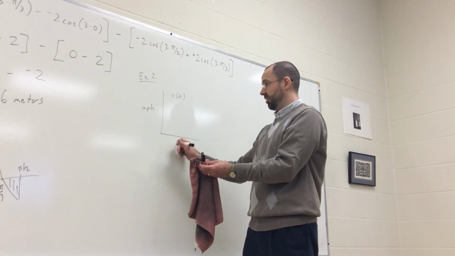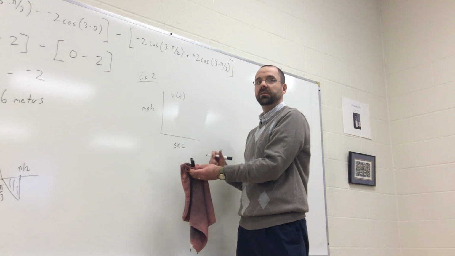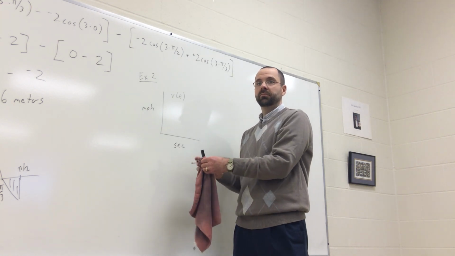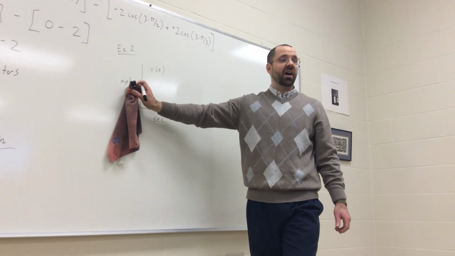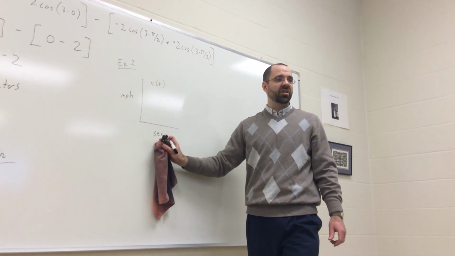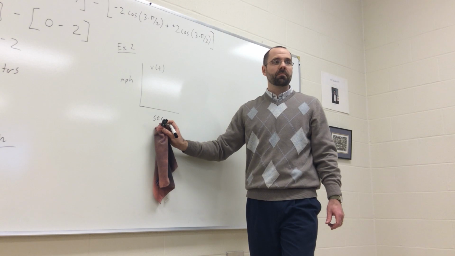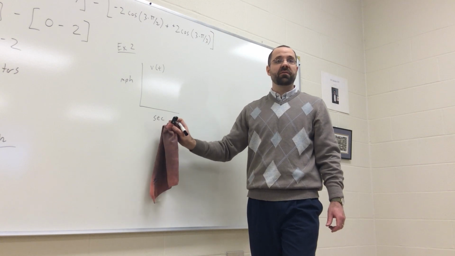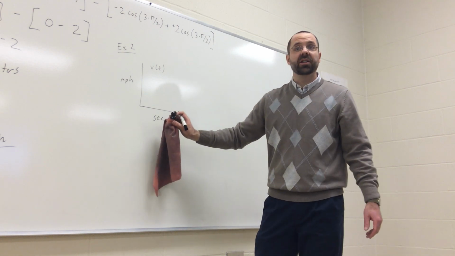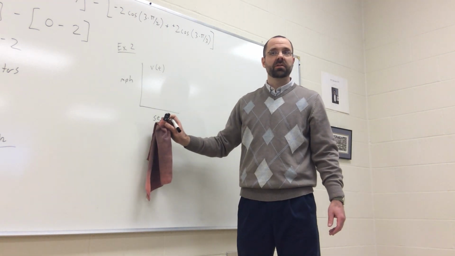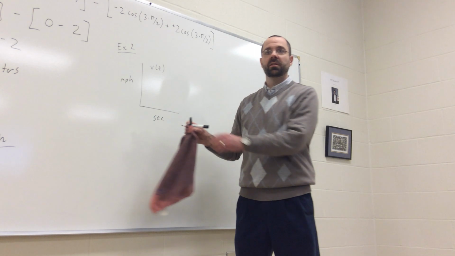And on the other hand, let's say you had seconds down here. So that's a little bit awkward, because per hour and seconds aren't matching up. But if the question said find the distance or the displacement, you would find the area underneath the velocity curve, just like we have been doing.